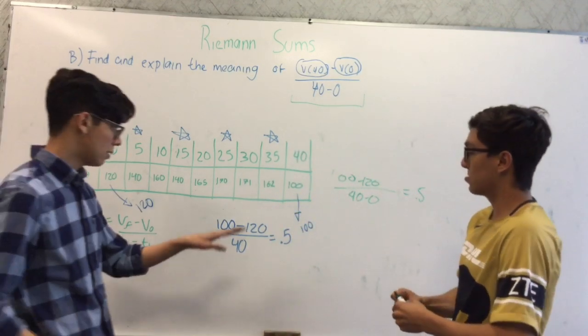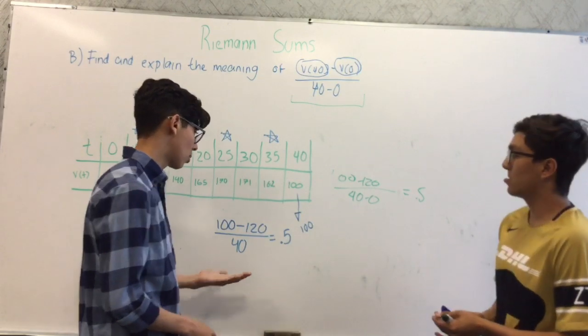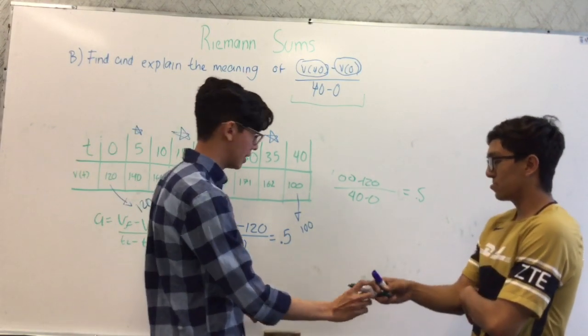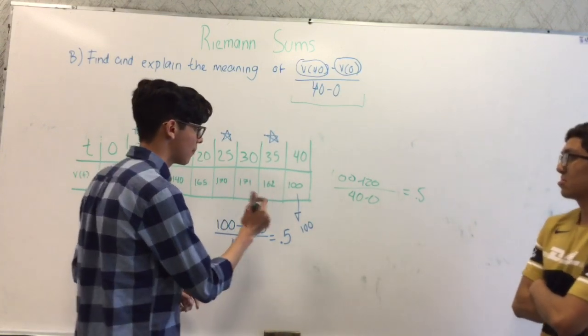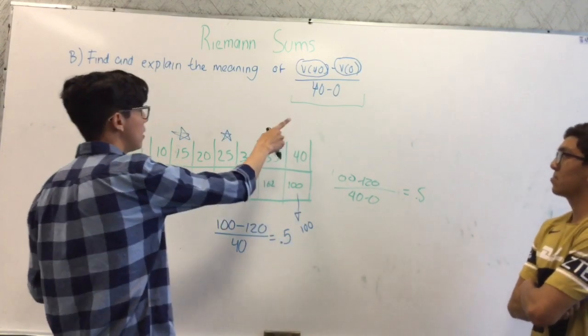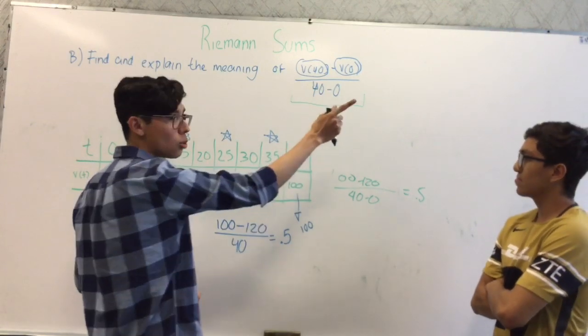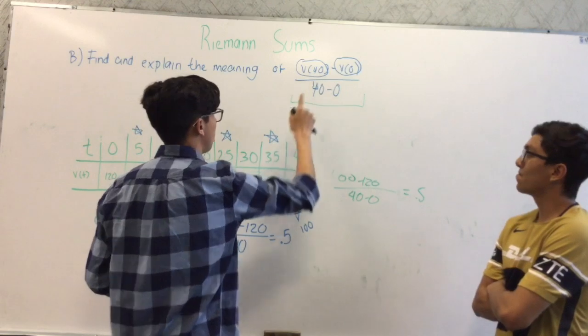So we got the answer for the formula, but we still don't know what this 0.5 means. So we're going to explain what that means. In this formula, it's asking us for two values in y, this one and this one.